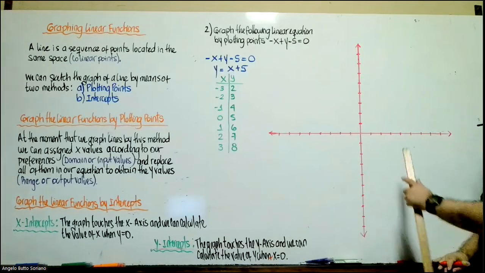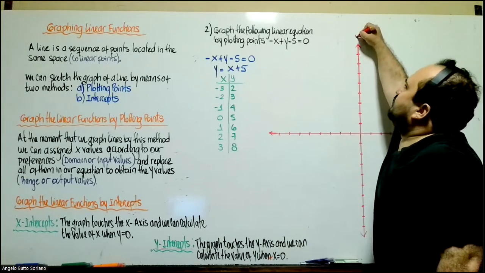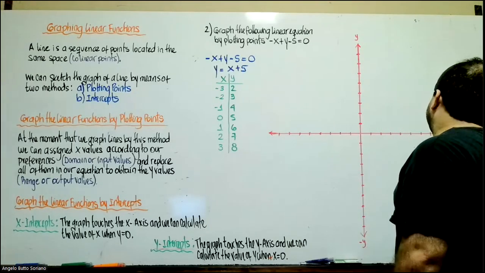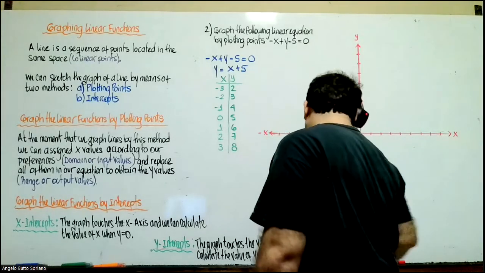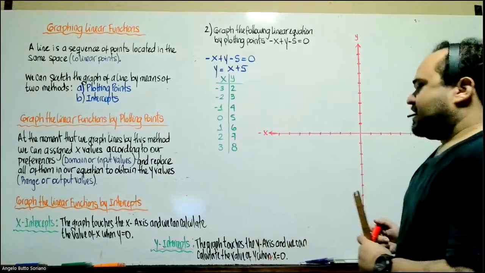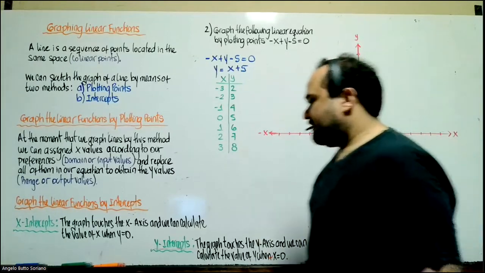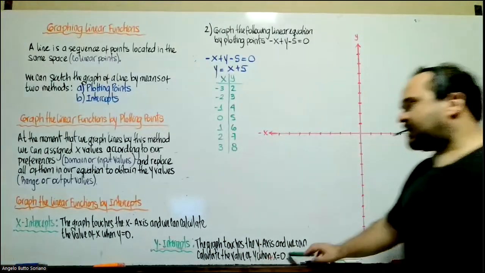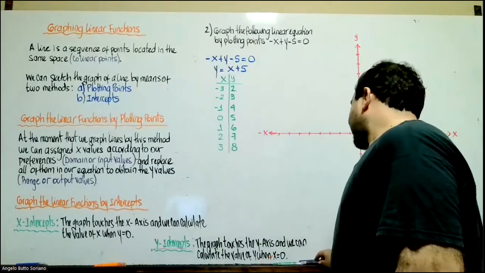Remember, every smaller line in each quadrant represents 1 unit, okay? This is the y-axis, this is the negative y-axis, the positive x-axis, and the negative x-axis. Now we're fully prepared to sketch the graph. Remember, input and output values.